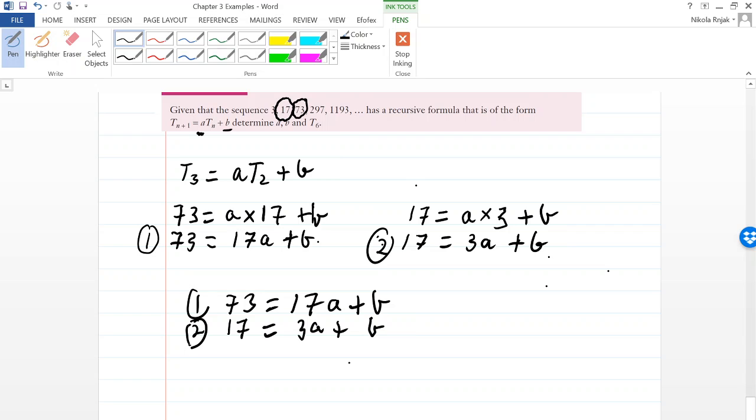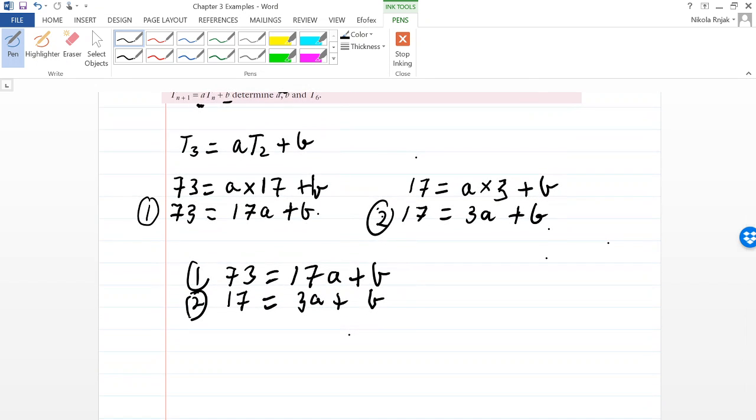I know it has to be subtract, because if these two signs are the same, a positive and a positive, then I need to subtract. If they were different signs, like an add and a take, then I'd need to add them. So we're going to do equation 1 take equation 2, or you could do it the other way, it would give you the same answer.